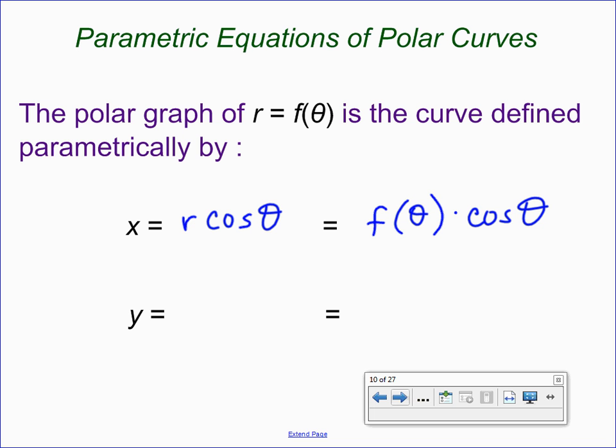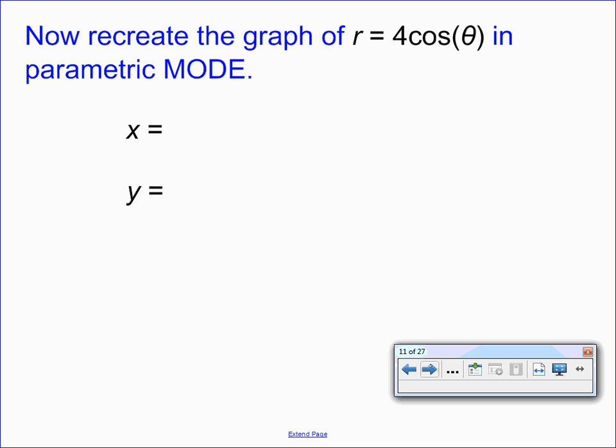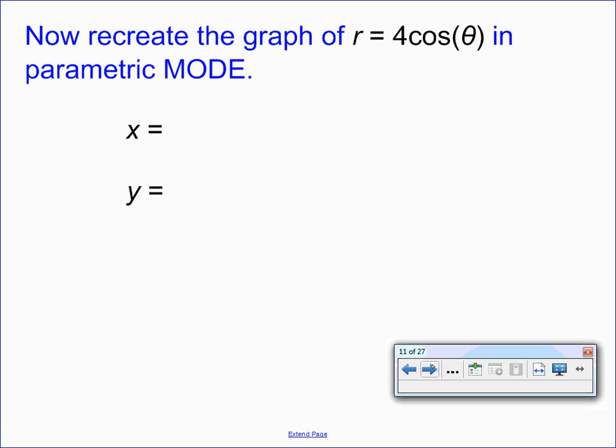Applying the same reasoning will generate our y coordinate, r times sine of theta, will now be given by f of theta times sine of theta. We will hold off on slope, and we'll see if we can generate the same thing now in parametric mode using our f of theta cosine theta, f of theta sine theta for the x and y respectively. So let's go ahead and try this.